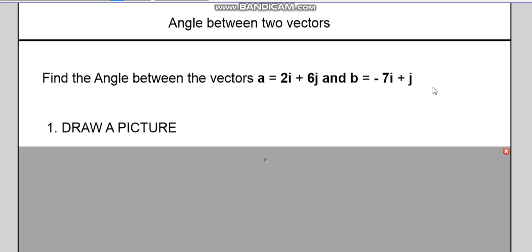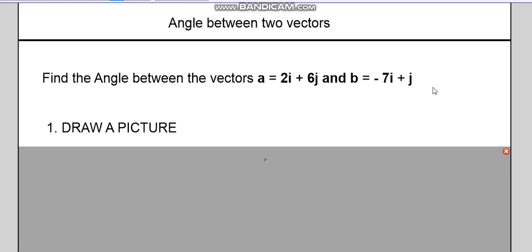So we've got two vectors here, 2i plus 6j and minus 7i plus j, and we're asked to find the angle between those vectors. So first thing we need to do is draw a picture. You can't really do this question without having a diagram in front of you in order to direct you as to what to do next.